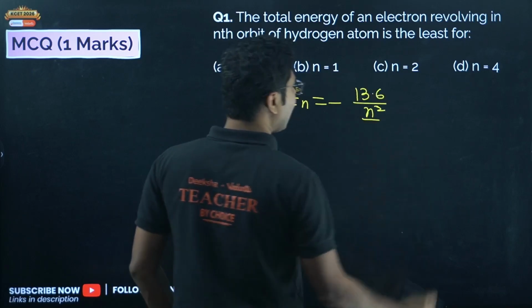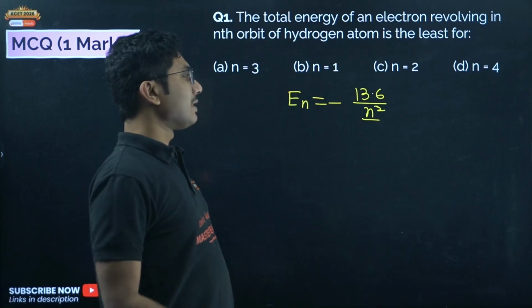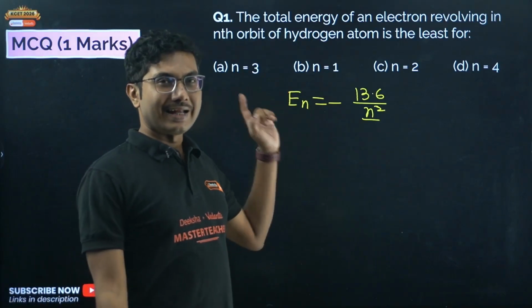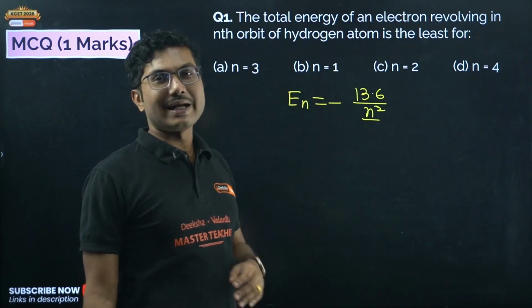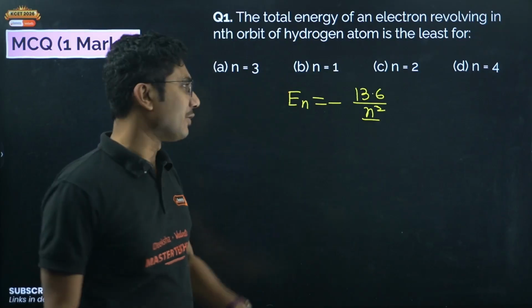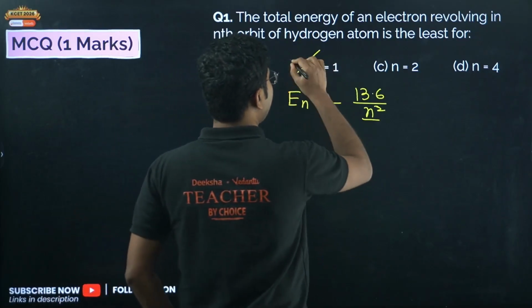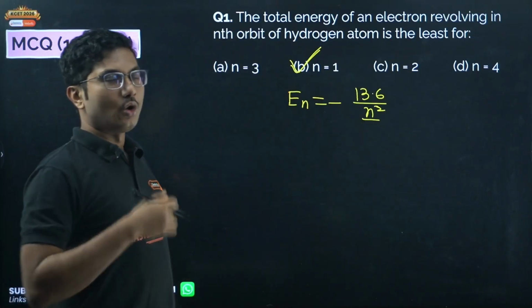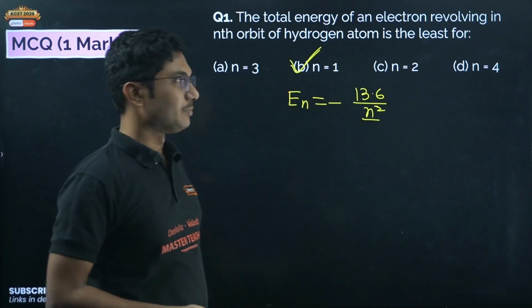So if the n value is smaller, then we will get the least value, because there is a negative sign. Higher the negative value, smaller is the actual value. That means it is least for n equals 1. That's why it is the most stable orbit. Lower the energy, more stable it is.